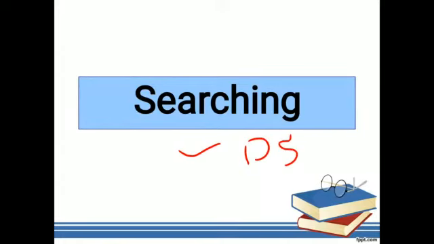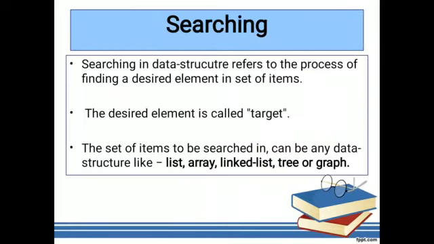Searching means finding. We need to find a particular element in a list of elements, that is, the position of the element or the desired element, the key element. So what is searching? Searching is a process of finding a desired element in a set of elements. A set of elements is nothing but a data structure.